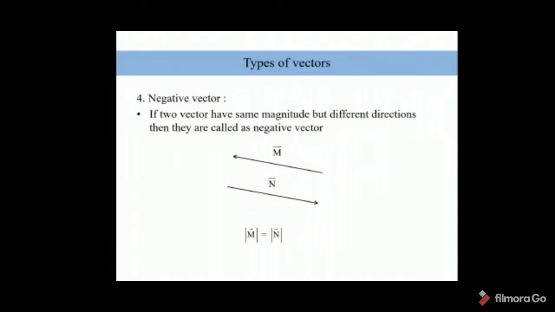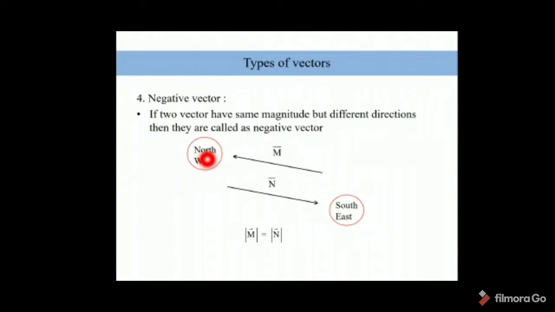Okay, so magnitudes are the same, and the first one is pointing in the direction of northwest, and the second one is pointing in the direction of southeast. So northwest and southeast are opposite directions. So what is this northwest direction?